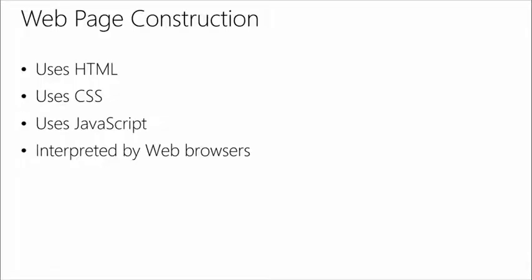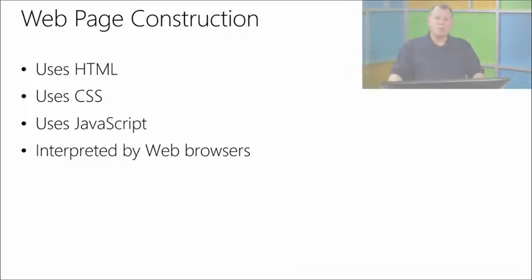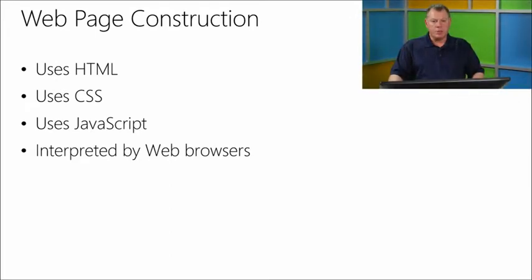So with web page construction, especially with the introduction of HTML5, which is the latest standard from the World Wide Web Consortium, the group of folks who maintain the standards for HTML and for web technologies, HTML5 now includes three technologies that complement each other: HTML, or the hypertext markup language; CSS, known as cascading style sheets; and JavaScript, which adds functionality to our applications.